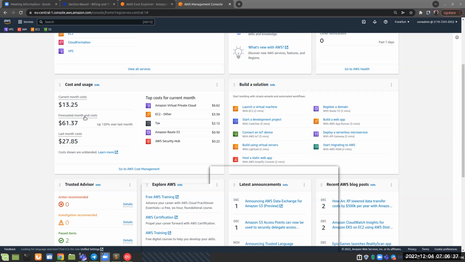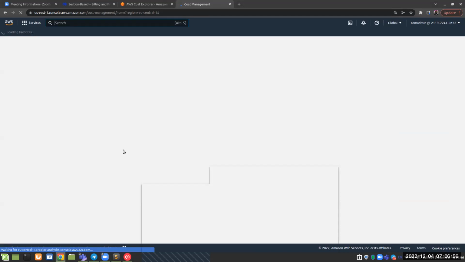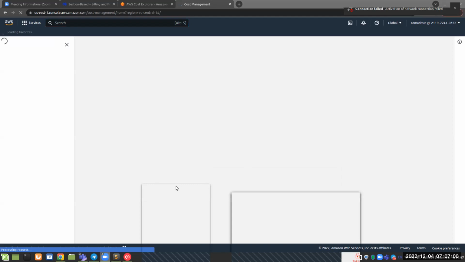If I continue using it this way, I'll pay about $61 by the end of the month. It also shows last month's cost. So it always gives you an overview, but you can go to see much more, because remember the Cost and Usage Report gives you a visual kind of report, from the definition.